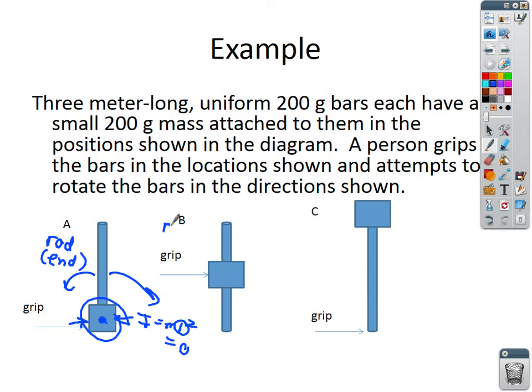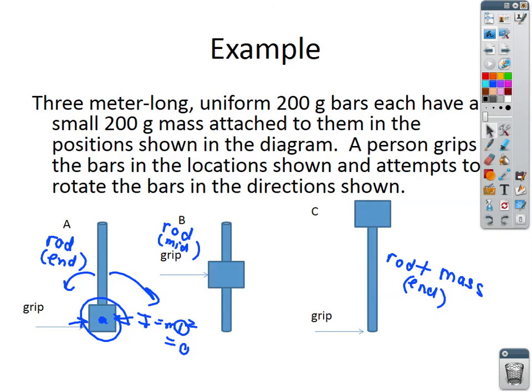Here, once again, I'm only rotating the rod, but from the middle. And then over here, now I'm rotating both the rod plus the mass, and I'm doing it from the very, very end. So, just thinking about that, think about how this would feel to rotate each of these. We can figure out which one's more difficult to rotate versus the other one.